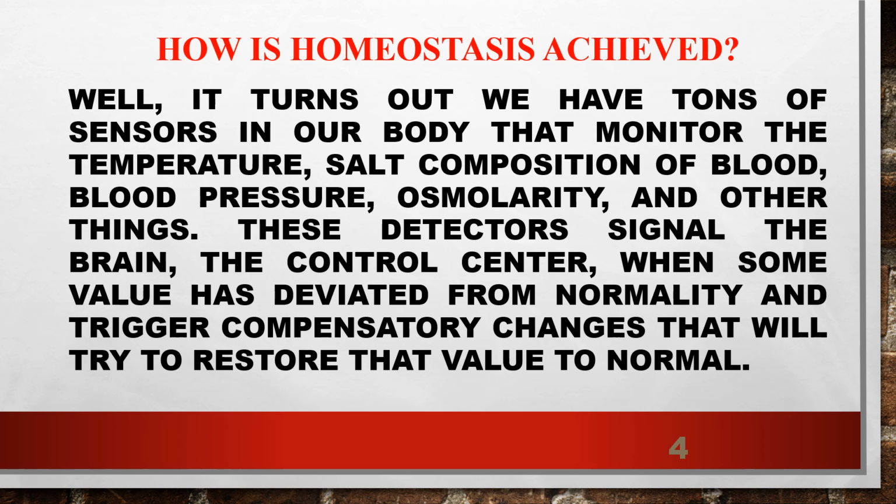If it happens that the amount of glucose goes higher than normal, the brain will signal the same pancreas, and then the pancreas will release a hormone often referred to as insulin, and this insulin will cause the conversion of excess glucose. Let's say now we have 130 milligram per 100 centimeter cube blood glucose.